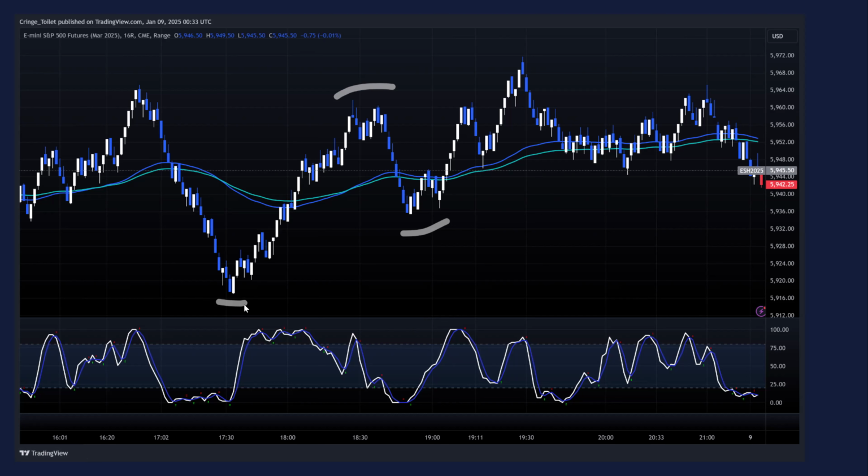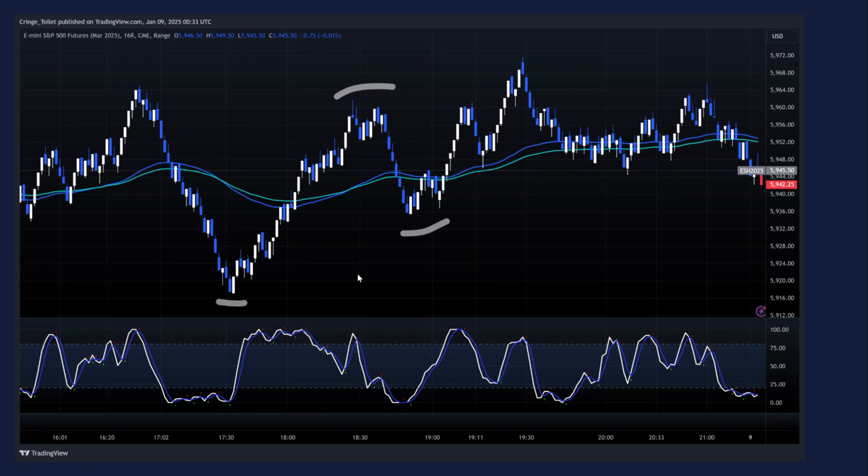So I'll tend to do just smaller marks and follow price. I'll put a mark at the highest point that price gets before the stochastic puts in that rotation back down. And I'll put a mark at the lowest point that price gets to before the stochastic goes through the rotation back up.